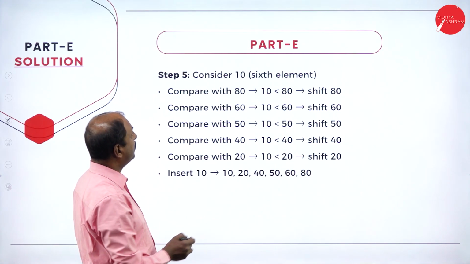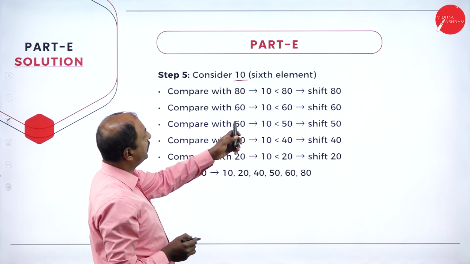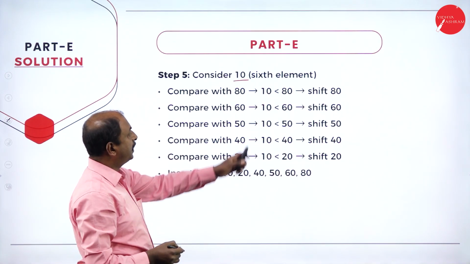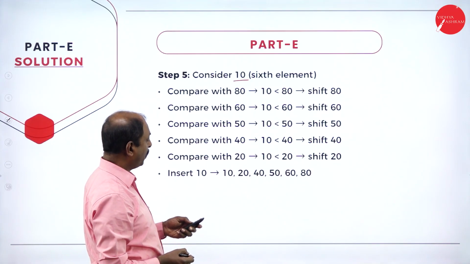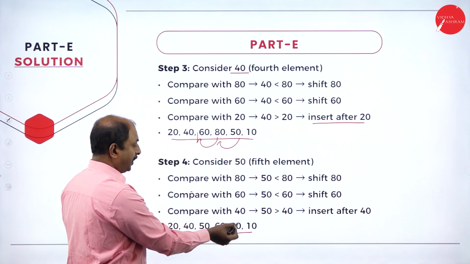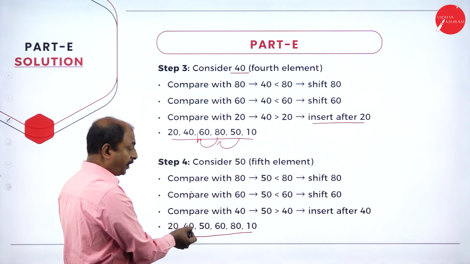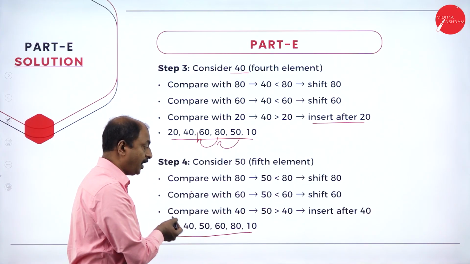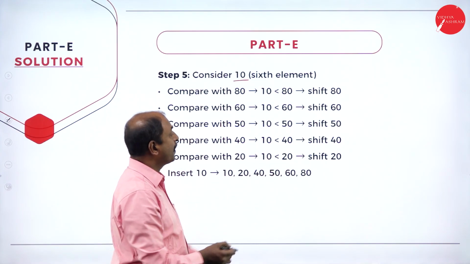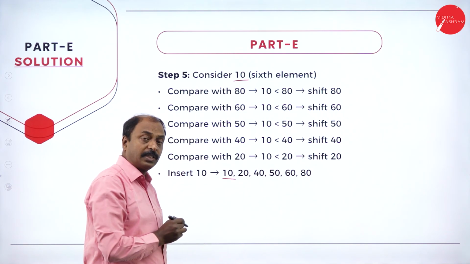Now in the next step, we are comparing the last element, that is 10. If you compare step by step, 10 is smaller than all the elements: smaller than 80, 60, 50, 40 and even 20. So finally, after comparing with each and every element, we have to shift 10 to the first index, or zero index.